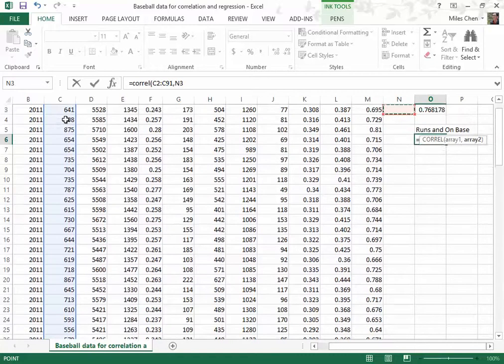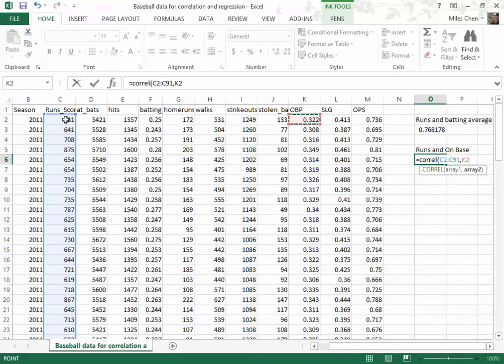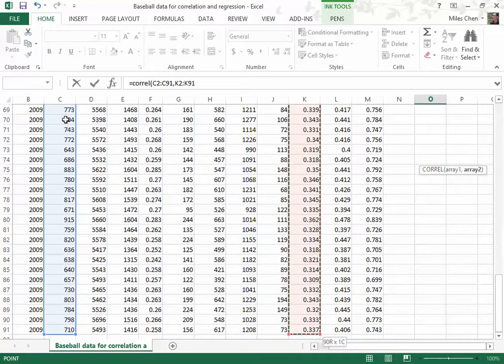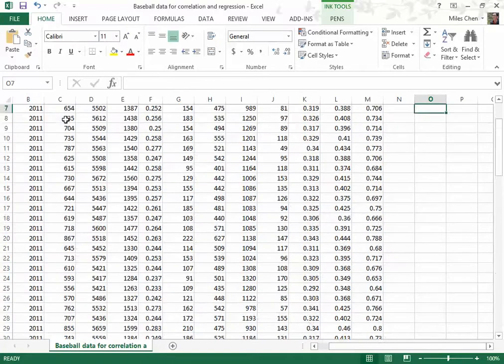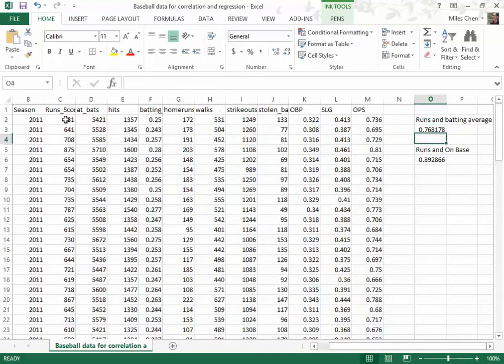What do you think the correlation there is going to be? It's stronger, 0.89. So we have an improvement, and I would say this is a significant improvement over the traditional measure of batting average. On-base percentage has a stronger correlation with points scored.